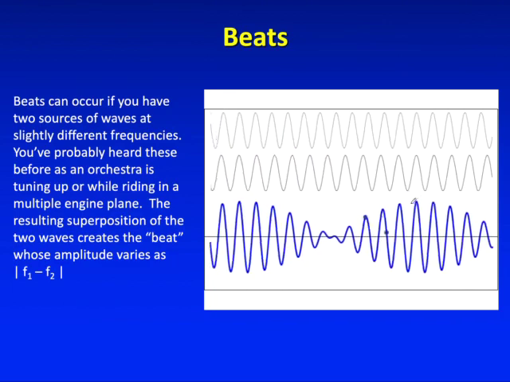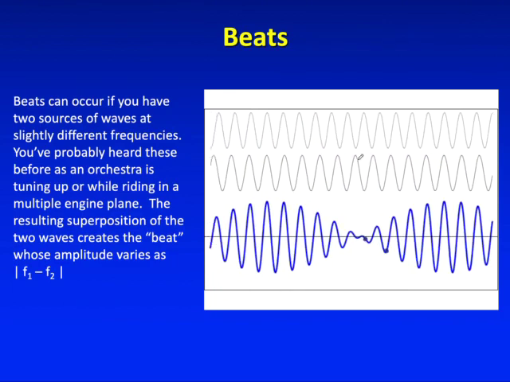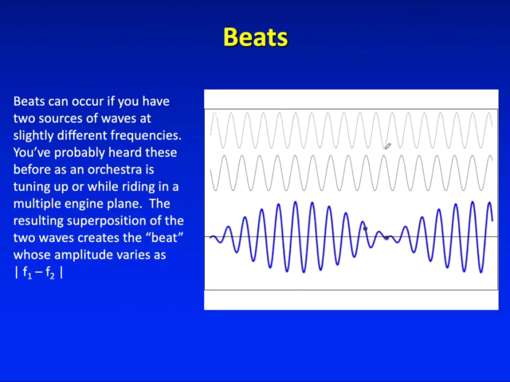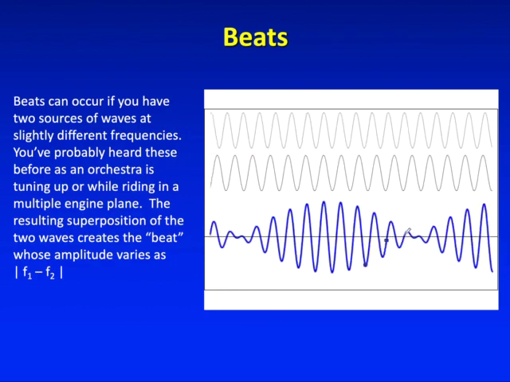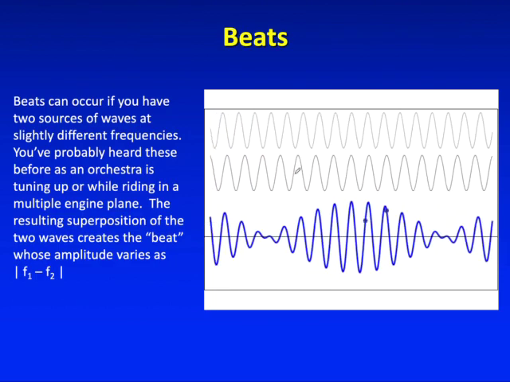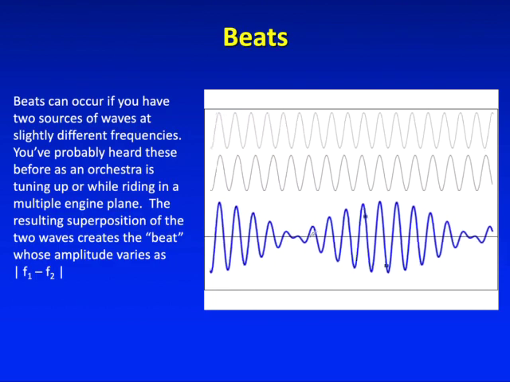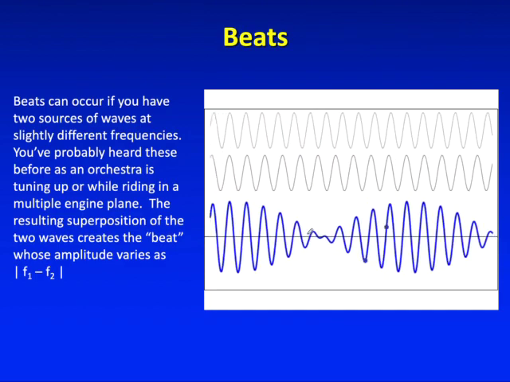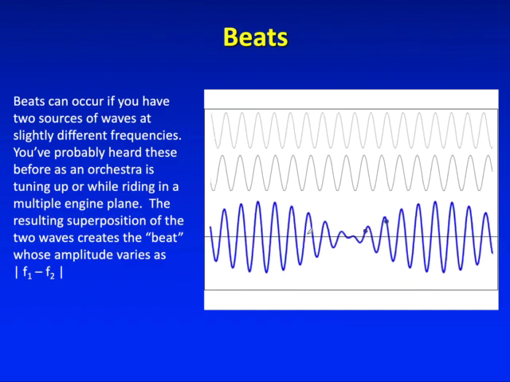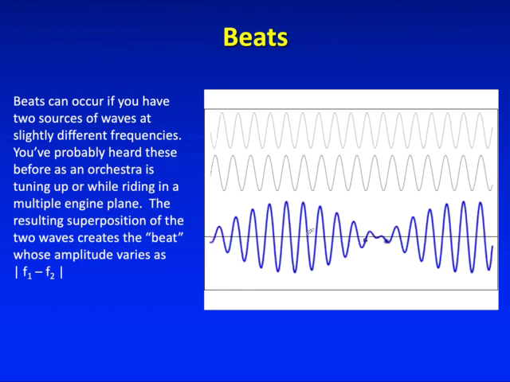Here's a crest meeting crest, you get maximum crest here, and other points where crest meets a trough, and you get destructive interference. But because these are two different frequencies, it goes in and out of phase repeatedly. And so you end up with these kind of bizarre beat frequencies.